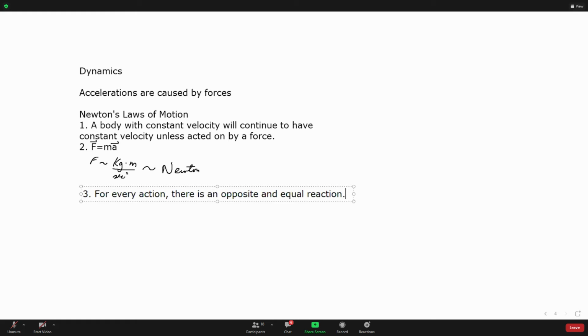Okay. This is a very important point, and I want you to make sure you understand it. The action-reaction pair do not cancel because they act on different bodies. We write down in a free body diagram all the forces acting on the cart, and we write down all the forces acting on the horse.